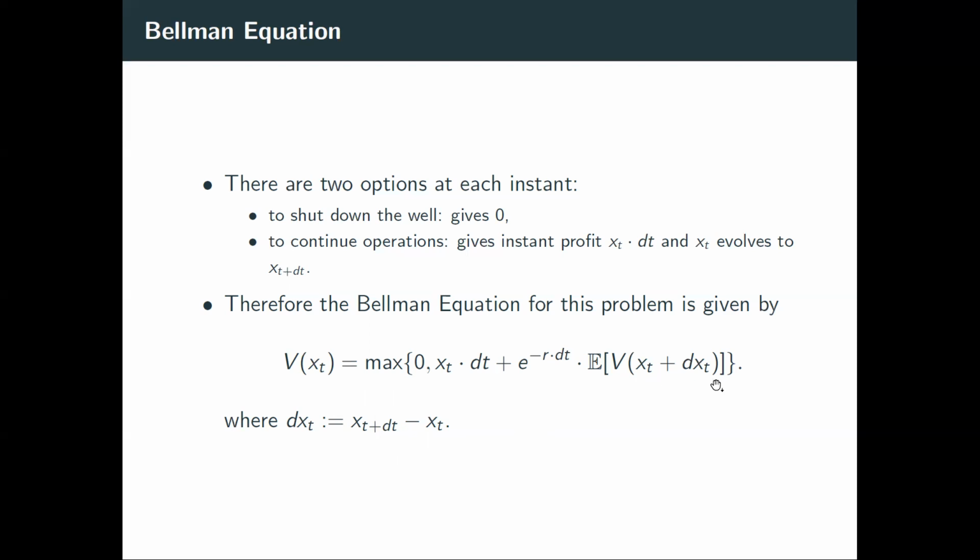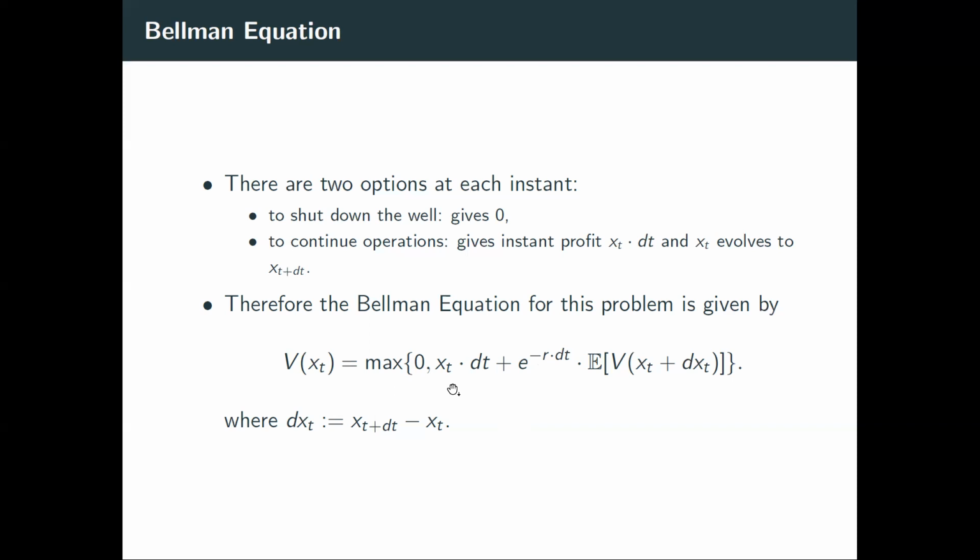But in this form, it's marginally more convenient to write it here. And after all, we take the maximum because you have two options, and in any point in time, you choose the option which is superior. If 0 is larger than continuing operation, you exit and you get 0. If continuing operation is larger than 0, you continue operation.